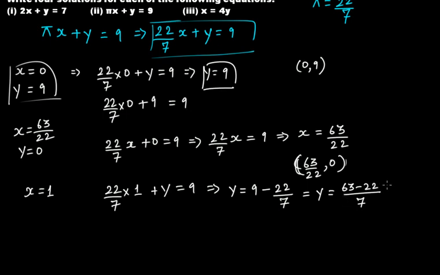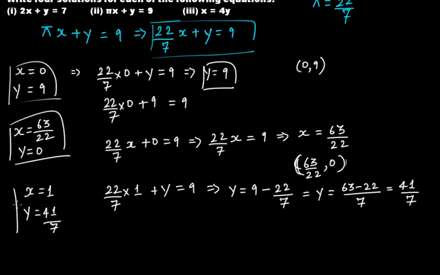Now 63 minus 22 is 41. So 41 by 7. So when you take x equal to 1, then your y is actually 41 by 7, and this is the third solution. That is, the third solution is 1 comma 41 by 7.